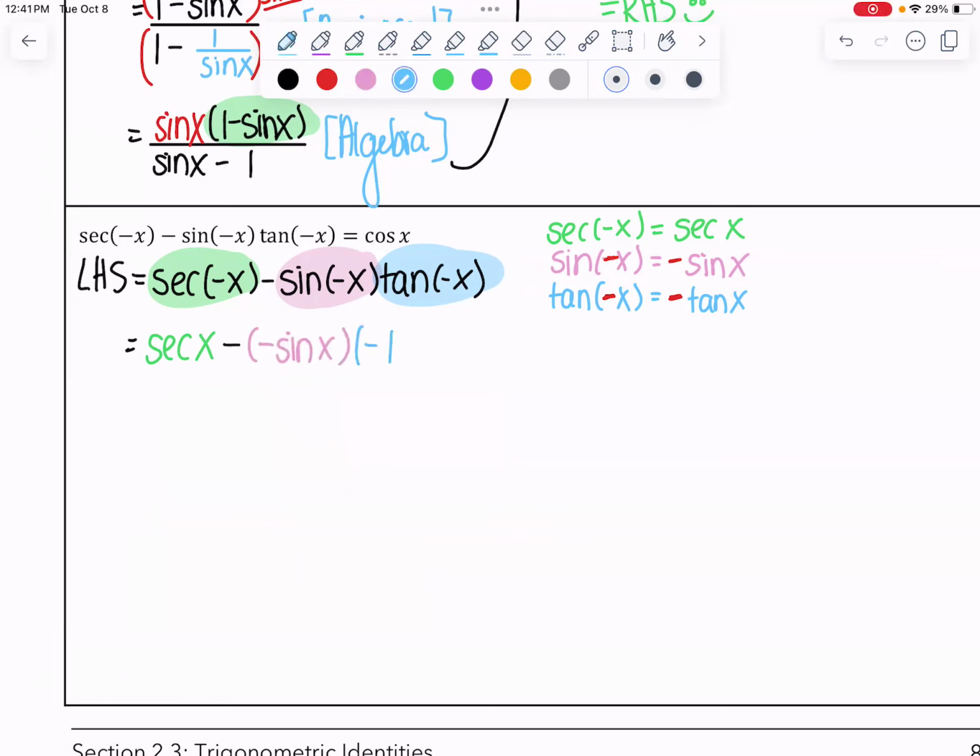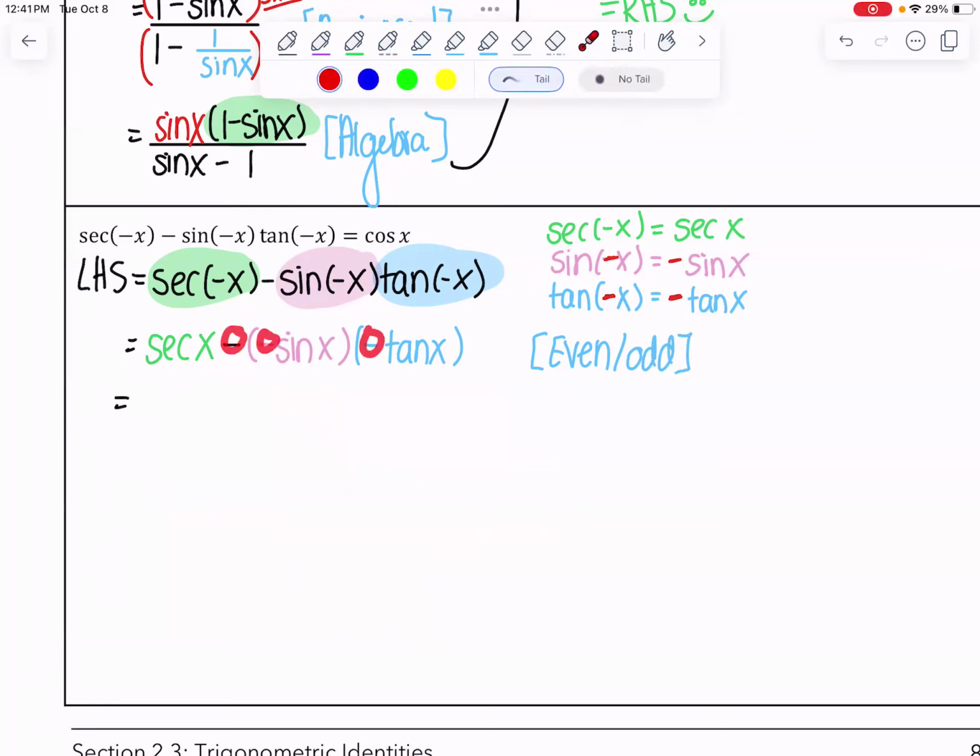Tangent becomes negative tangent of x. And we used even/odd properties here. We have a total of 3 negatives, which means it stays negative. So we have secant x plus sine x tangent x.